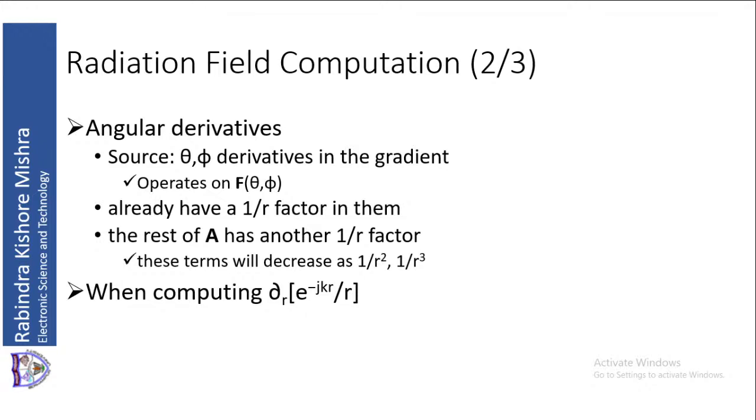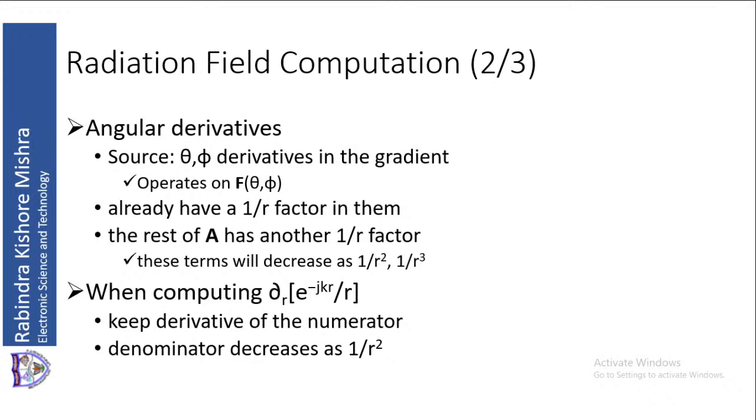So we are going to compute the partial derivative of exponential minus jkr by r with respect to r. Then we keep the derivative of the numerator. The denominator will decrease as 1 by r square, so that will be neglected.